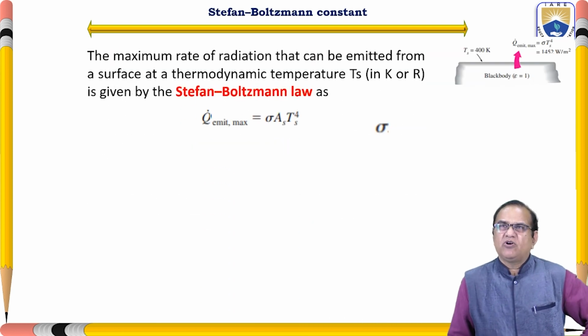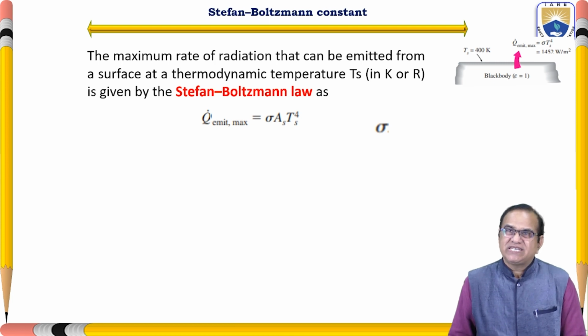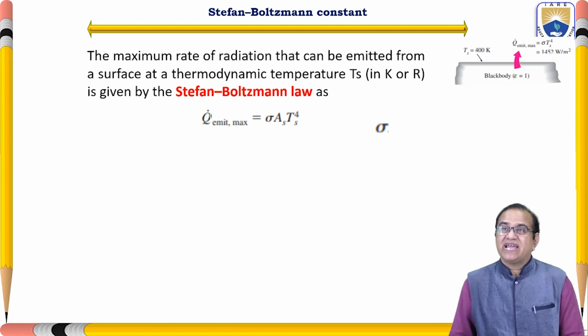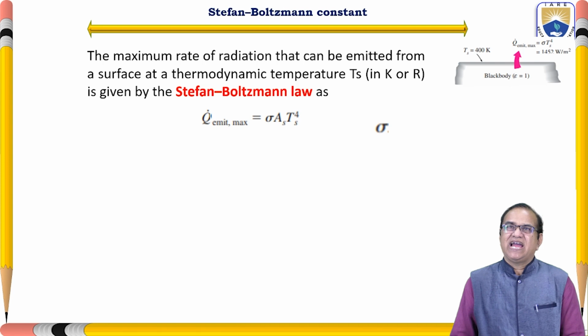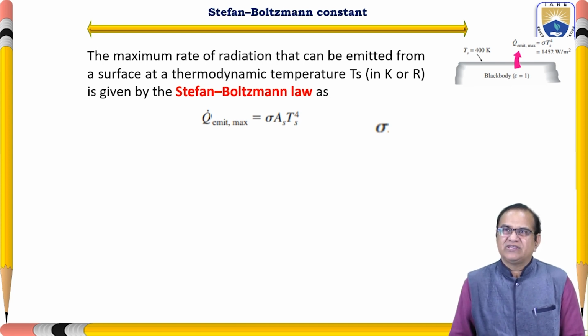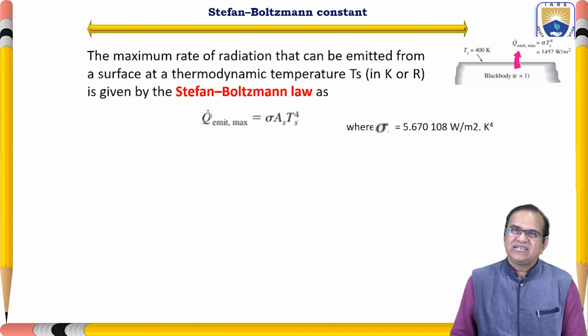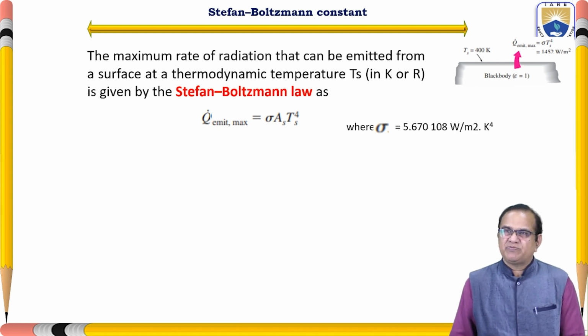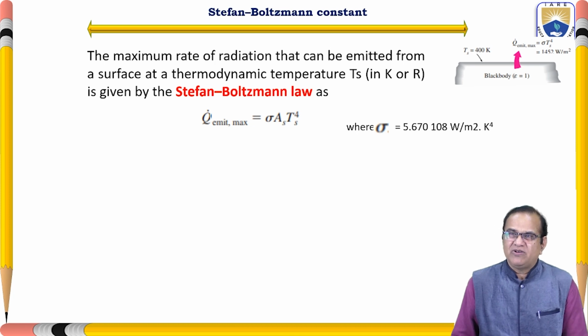Stefan-Boltzmann law: the maximum rate of radiation that can be emitted from a surface at a thermodynamic temperature Ts in Kelvin or Rankine is given by Stefan-Boltzmann's law. Q dot emit maximum is equal to sigma As Ts to the power 4, where sigma is 5.670108 watt per meter square Kelvin to the power 4.